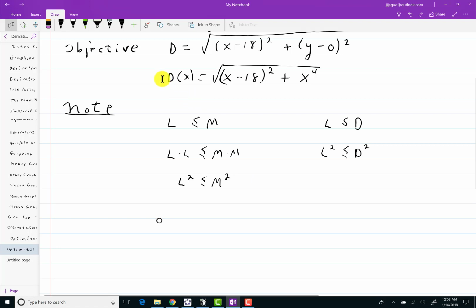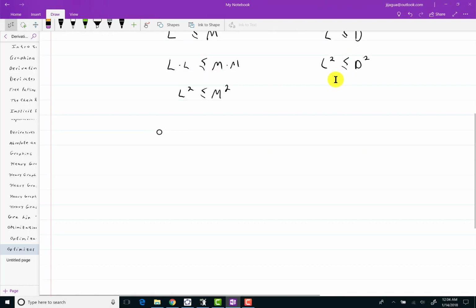Taking derivatives of a square root and all this kind of stuff as a function d is not pleasant. So people go through the effort of saying, well, I'm permitted to pick a new function. I'm going to call it script d of x, and that's going to equal d squared of x, which equals (x minus 18) squared plus x to the fourth.